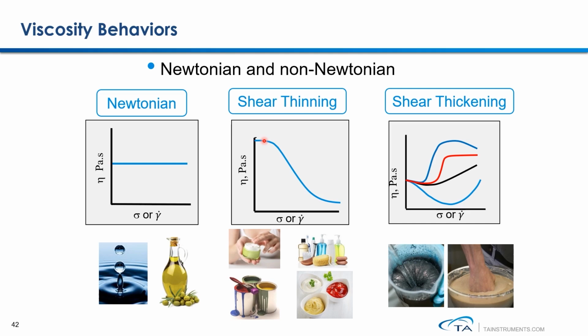Typical examples for shear thinning samples include paint, lotion, shampoo, mayonnaise, or some pharmaceutical slurries. The other type of non-Newtonian behavior is shear thickening behavior. For this kind of material, the viscosity is increasing with your measurement shear rate or shear stress. Shear thickening behavior is commonly observed in some highly filled slurry systems, like mud slurry or highly concentrated cornstarch.